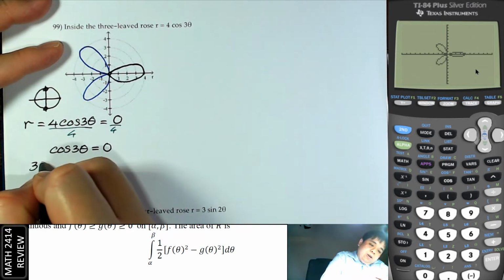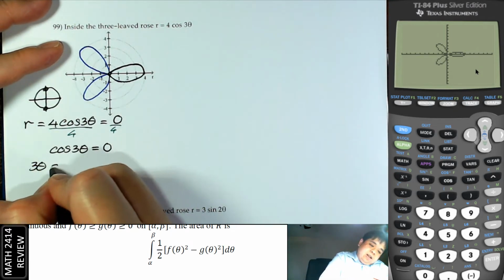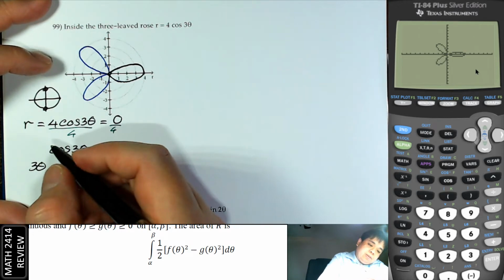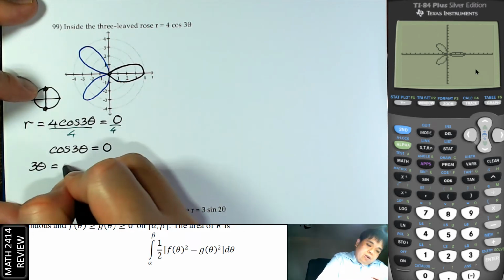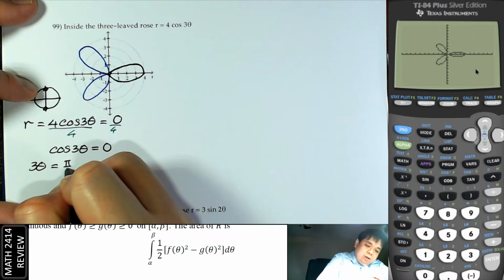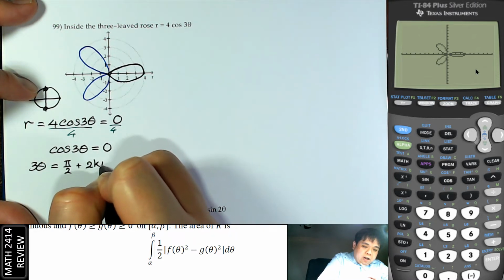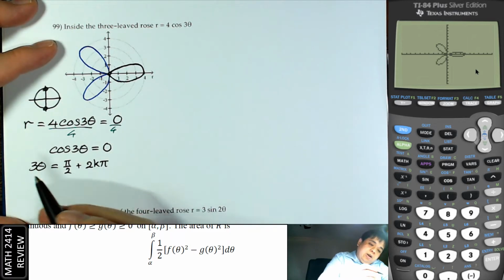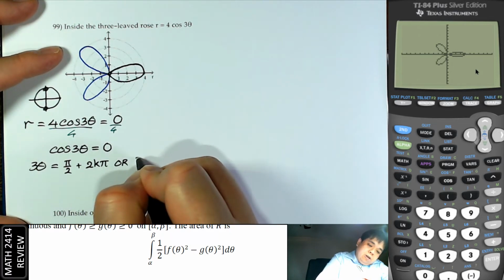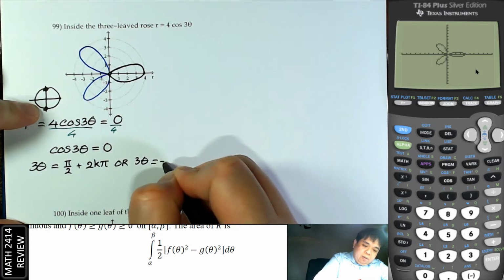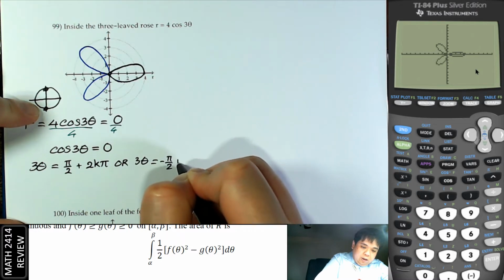So over there is pi over 2 plus 2k pi, or negative pi over 2 plus 2k pi.